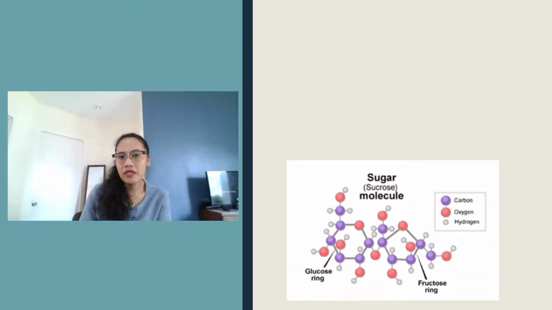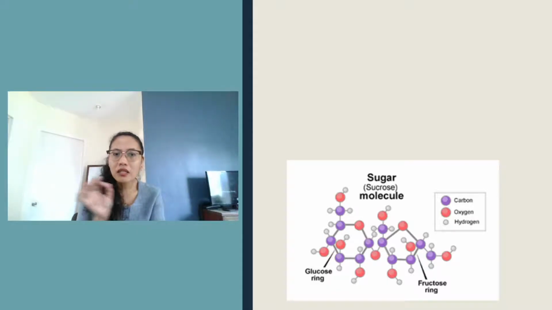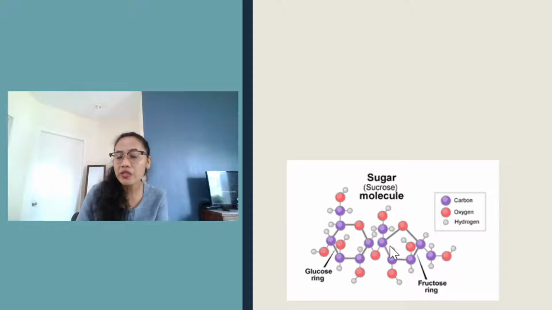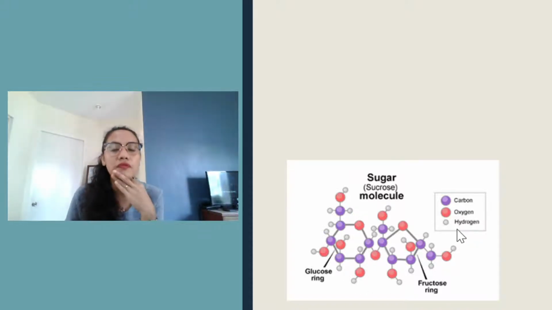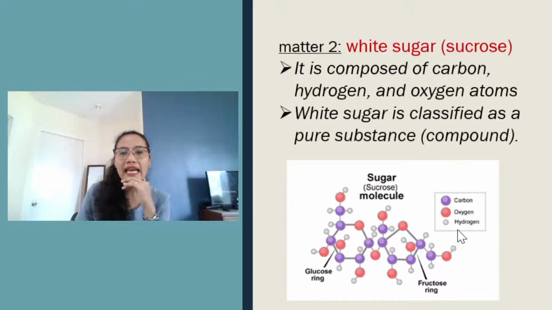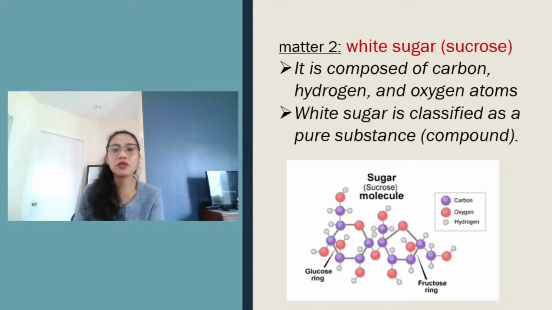Second matter, we have this one. Okay, earlier we had a quite simple matter, but this time it's a little complex. So this is the structure or the arrangement of the different atoms in the sugar, also known as sucrose. So sugar is composed of, we have here 1, 2, 3 types of atoms. So sugar is just composed of carbon, hydrogen, and oxygen atoms.